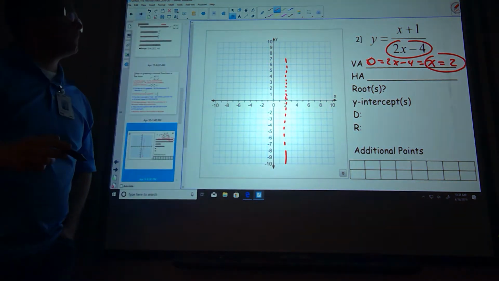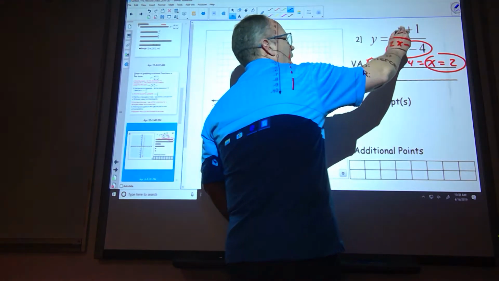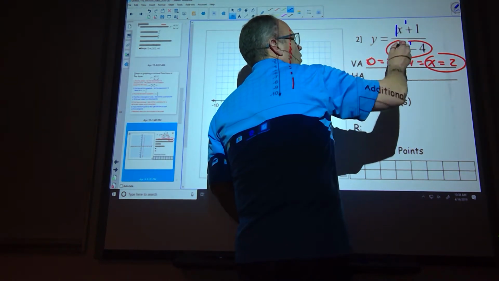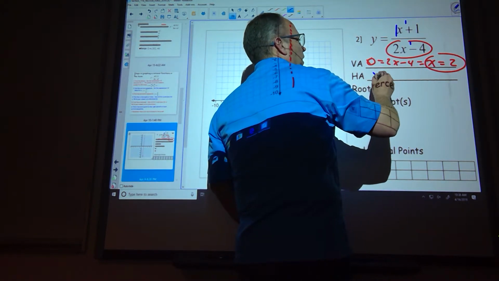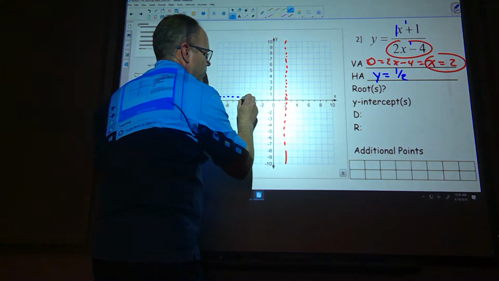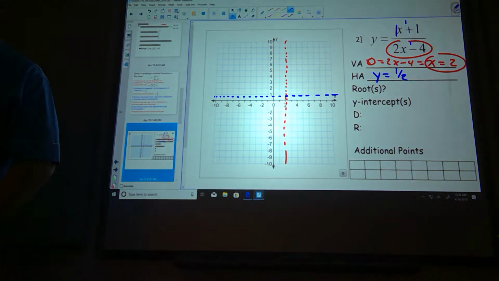Good so far? Of course, it goes all the way up. For my horizontal asymptote, my degree on top is 1, my degree on bottom is 1, and my lead coefficient is 1 over 2. So my horizontal is going to be y equals 1/2. Good enough?